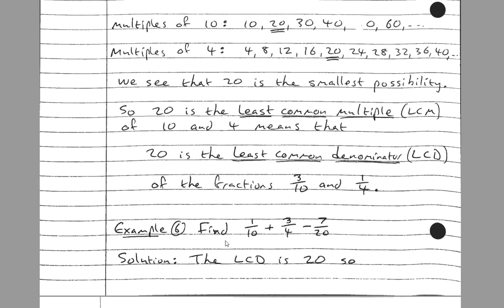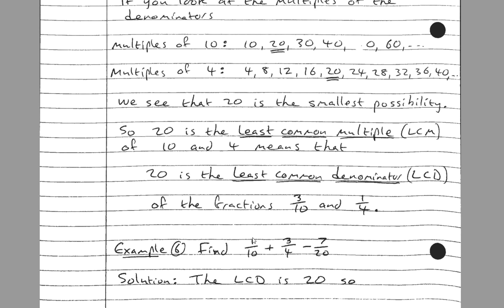Okay, more examples. Example 6: find 1/10 plus 3/4 minus 7/20. We can see from our work already that if we're looking for the least common multiple of 10, 4, and 20, it has to be 20. So that's the LCD for this question.